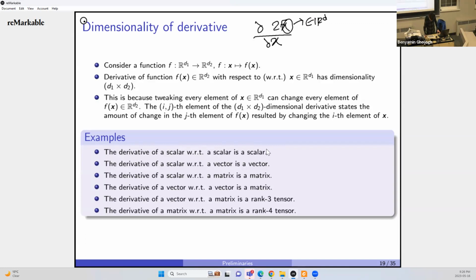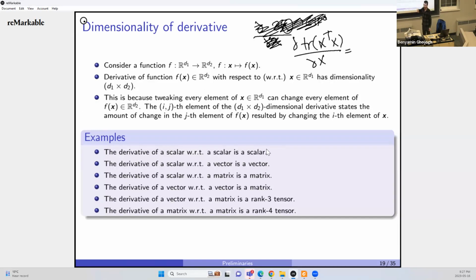Let me give another example. Derivative of trace of x transpose x with respect to x. What is it?